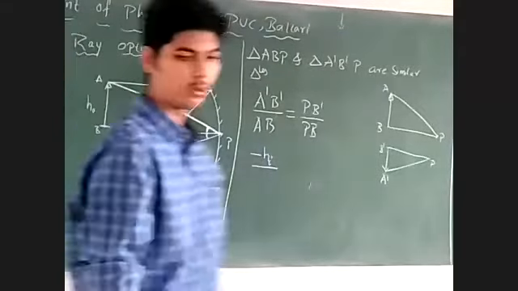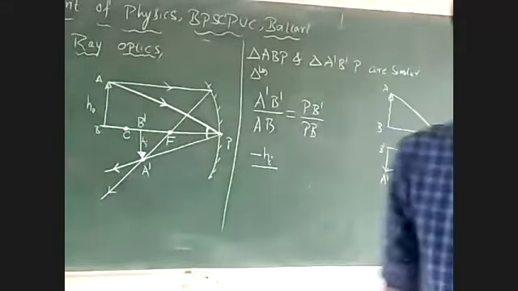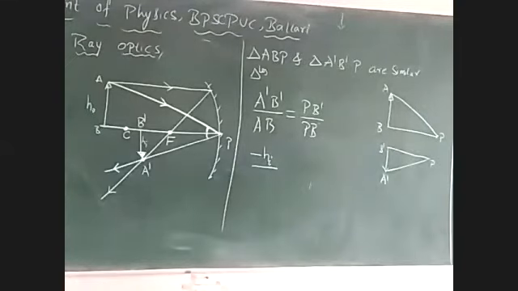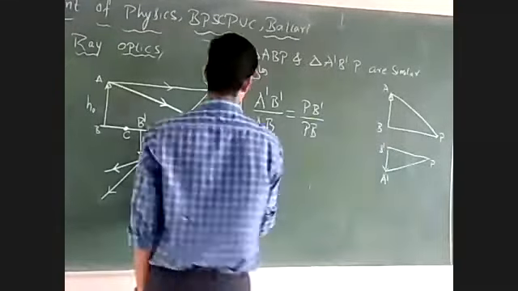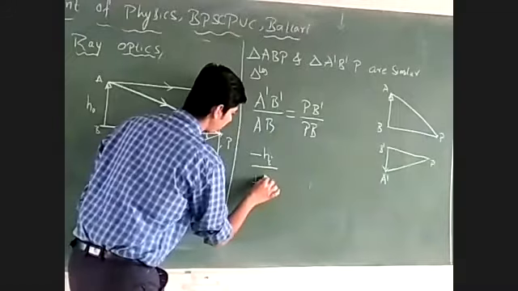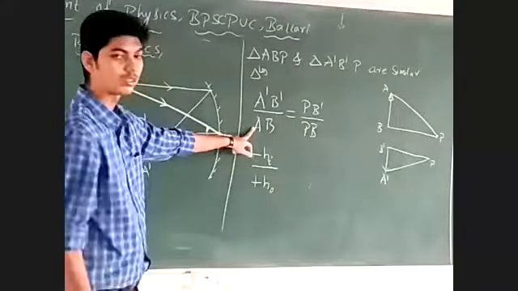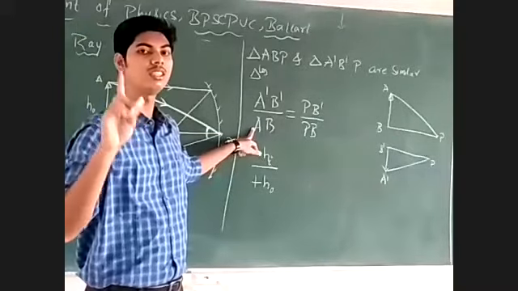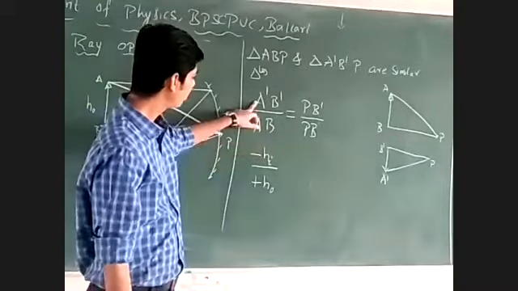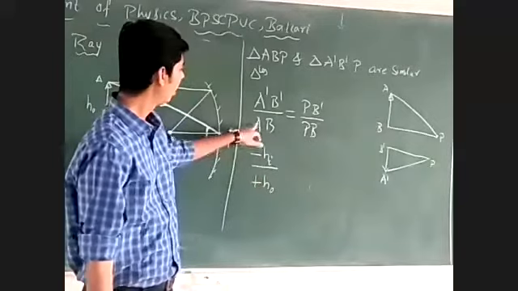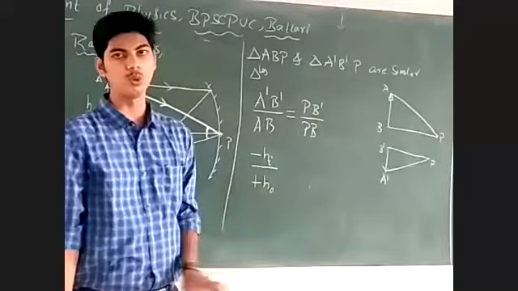Positive or negative one? So AB is plus HO. We are substituting these, taking into account the Cartesian sign conventions. A dash B dash is written as minus HI and AB is written as plus HO.